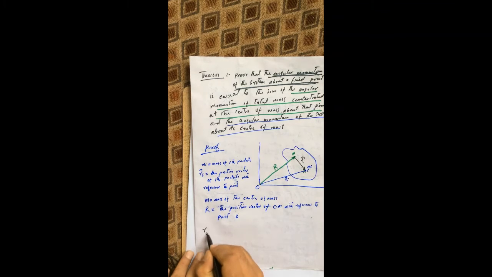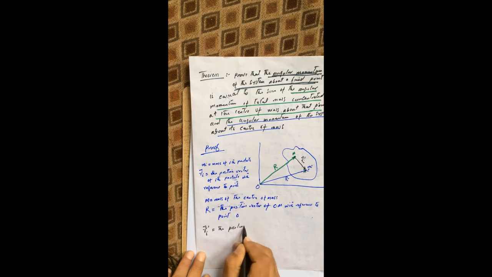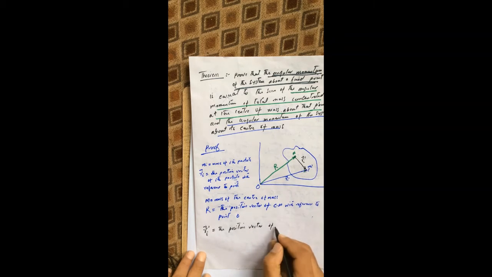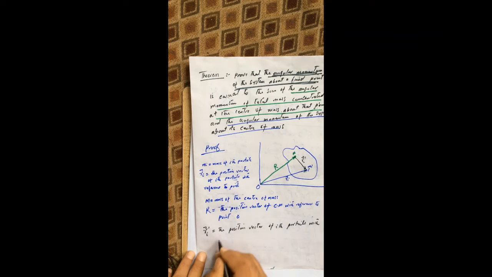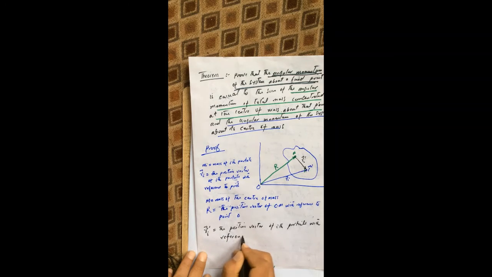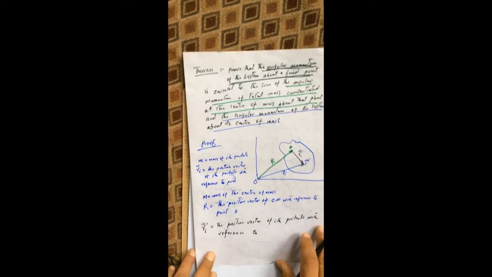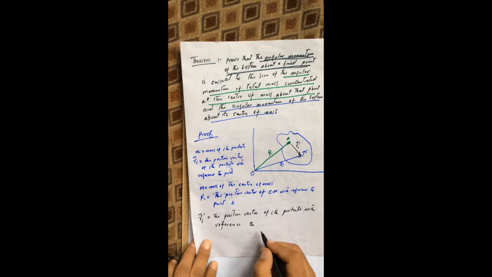Here Ri prime is the position vector of the ith particle with reference to the center of mass.